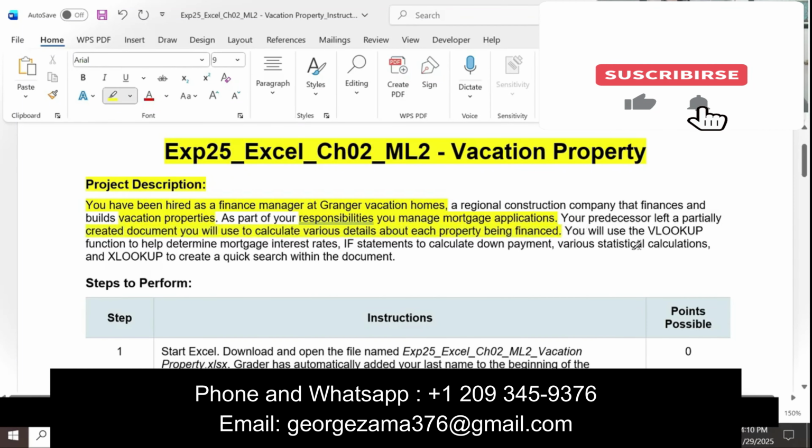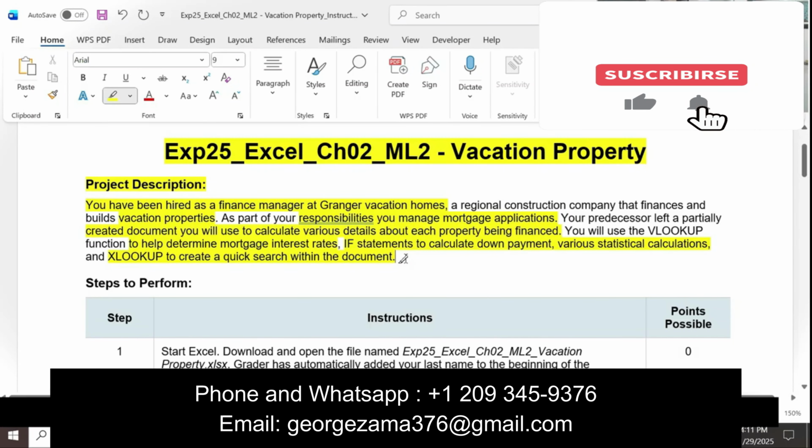You will use a VLOOKUP function to help determine the mortgage interest rate, IF statements to calculate down payment or various statistical calculations, and XLOOKUP to create a quick search within a document.